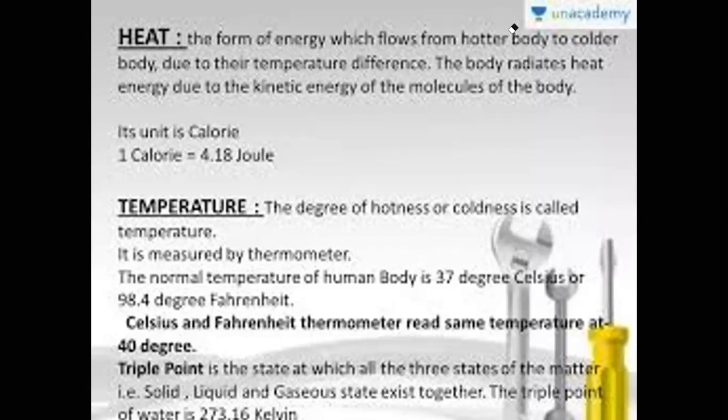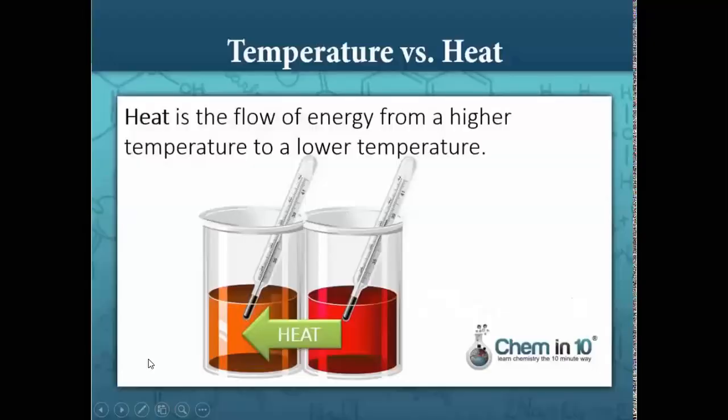So how is heat transferring in the body? For example, suppose you have two bodies, one of them hotter than the other. So temperature has a direction. The temperature is going to move from the hotter body to the cooler body.